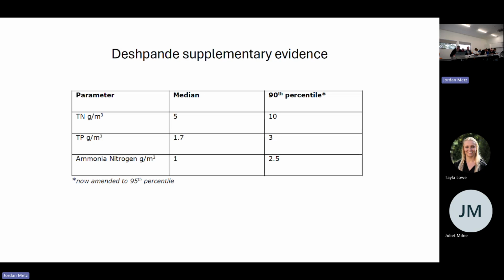So yeah, what I'm concerned about is the way that the modelling outputs have been used, outputs to Mr Cochrane, as if the outputs of the water quality model are indicative only.